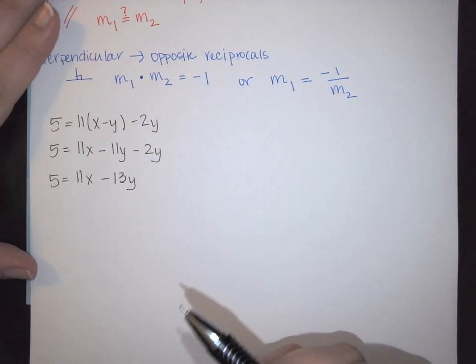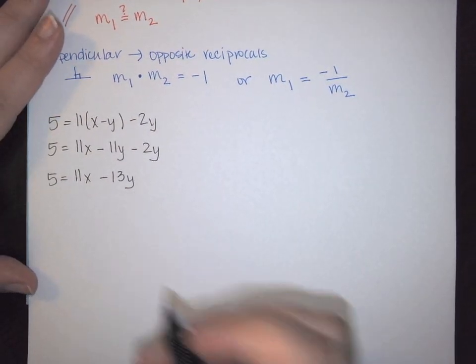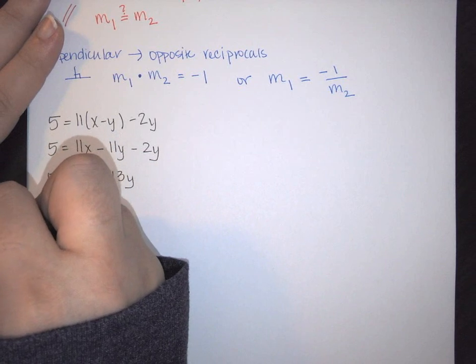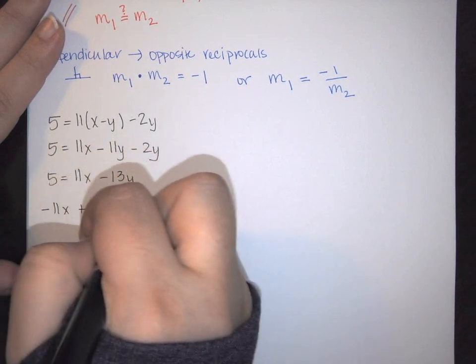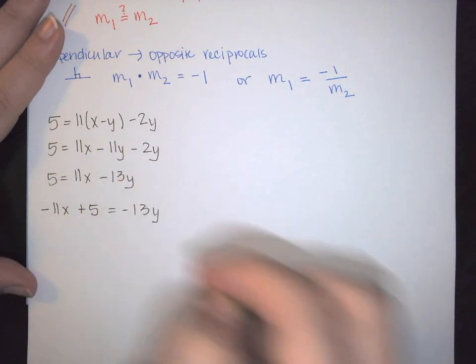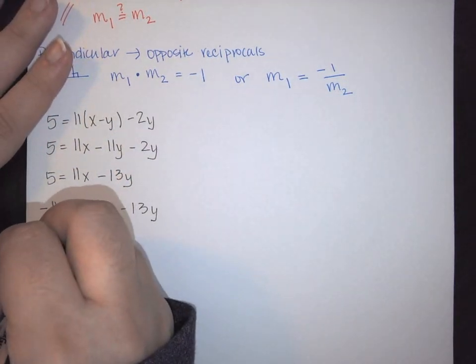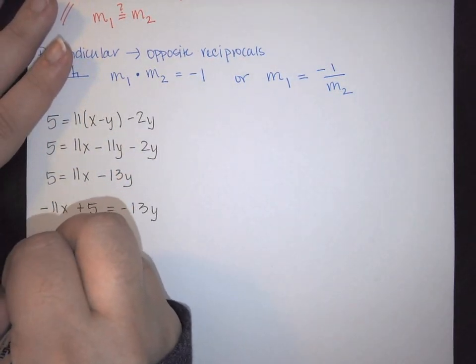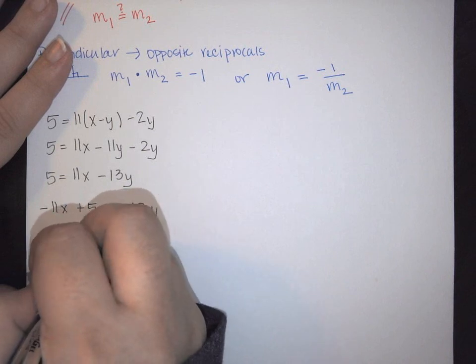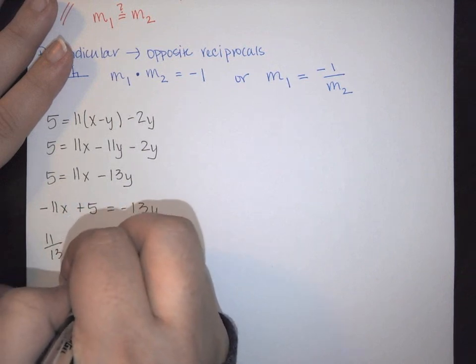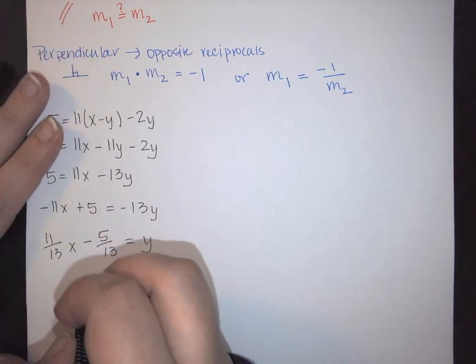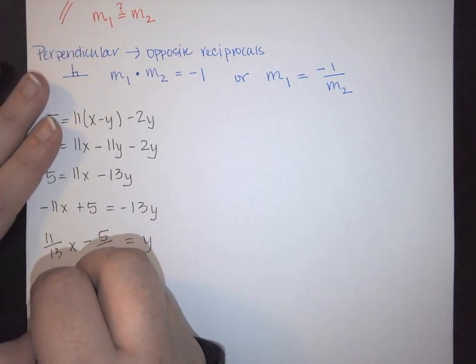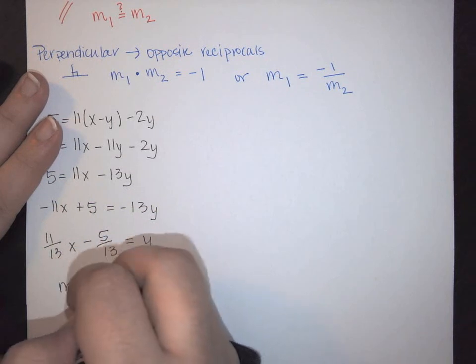I'm going to move my x over and divide by -13. So here I'm going to have -11x plus 5 equals -13y. Divide everything, and you get 11 over 13x minus 5 over 13 is equal to y. So here what we found is that my first slope, or the M1 value, is equal to 11 over 13.